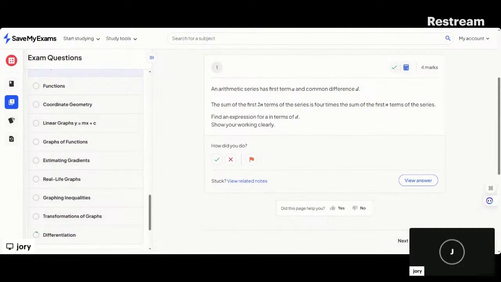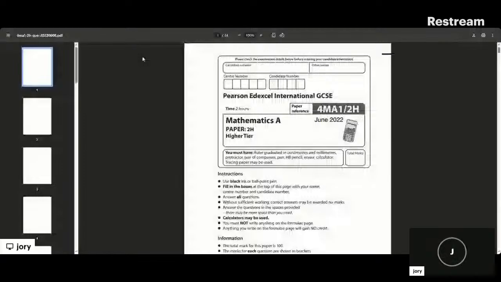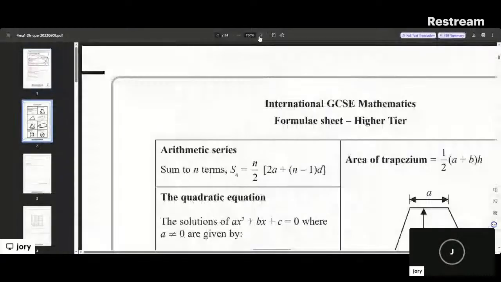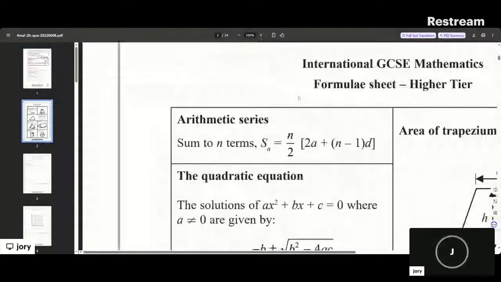Didn't they give me this in my cheat sheet? Right, let me get the cheat sheet. Here's the cheat sheet. And then the sum of the terms is n over 2, 2a plus n minus 1 d.